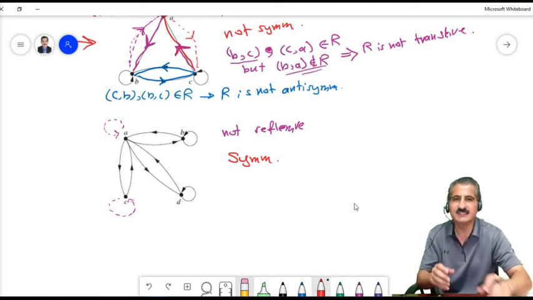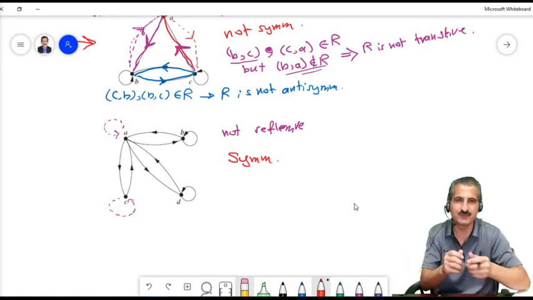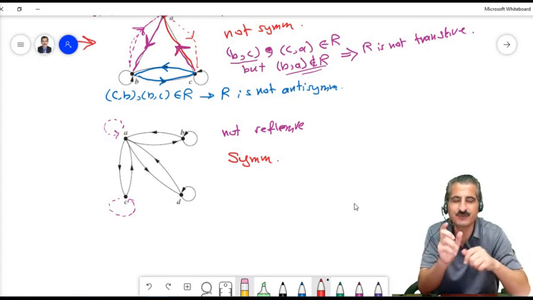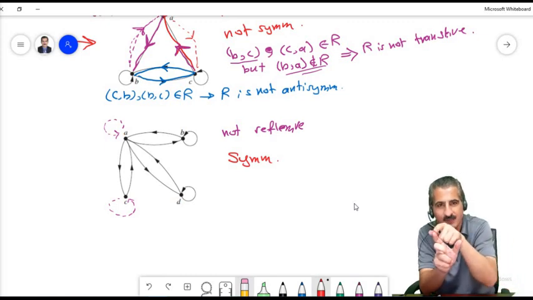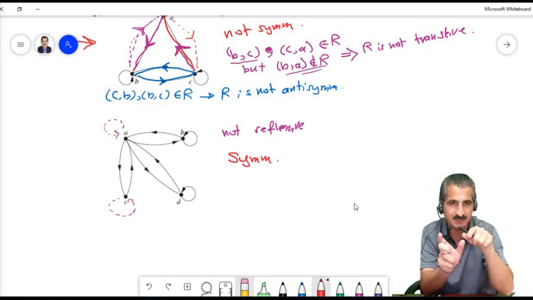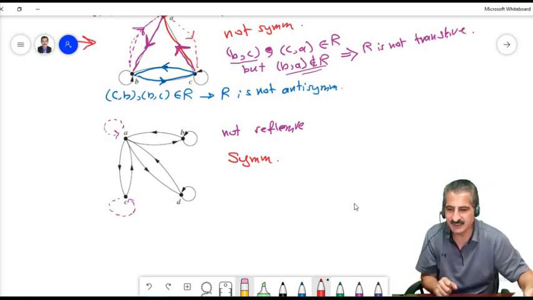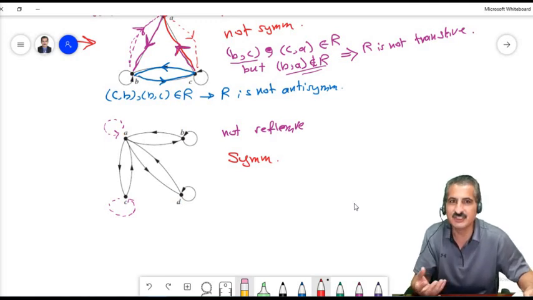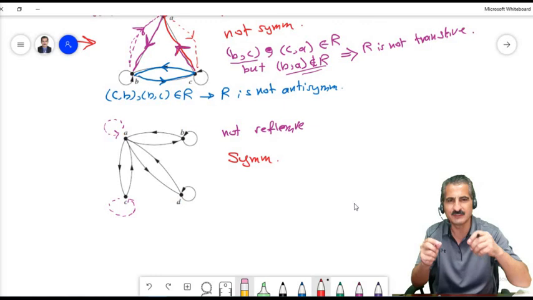I'm saying that for every two vertices that have an arrow between them, there is another arrow going in the opposite direction. Okay? Notice here, B and D are not related, so this does not go against being symmetric.